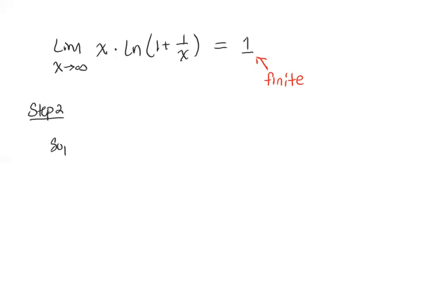So this means that the limit as x approaches infinity of f of x to the g of x, which in this case is 1 plus 1 over x to the x power, is equal to e to whatever that limit is. That limit is 1, or just e.